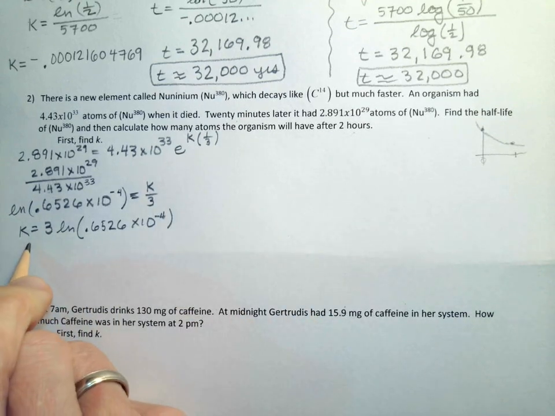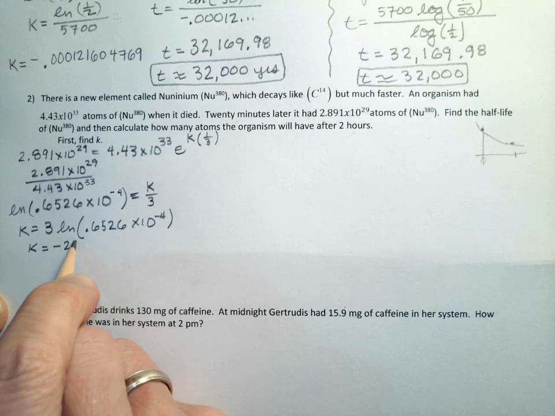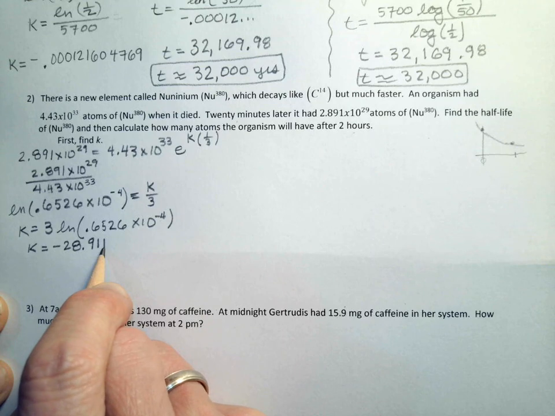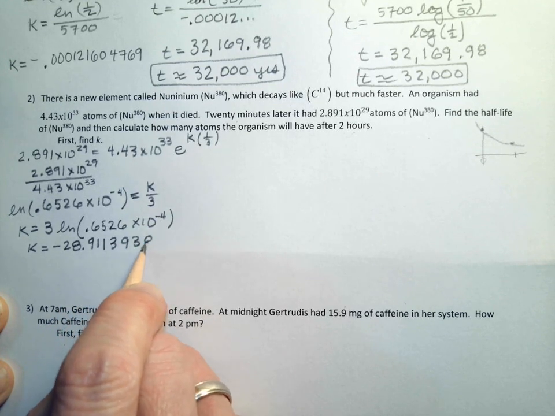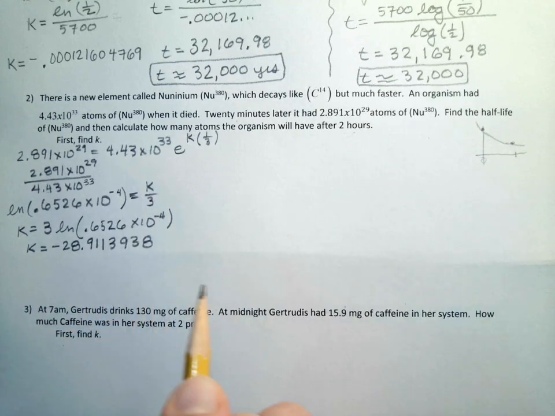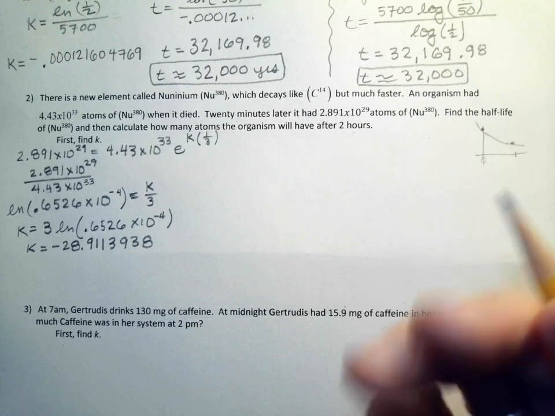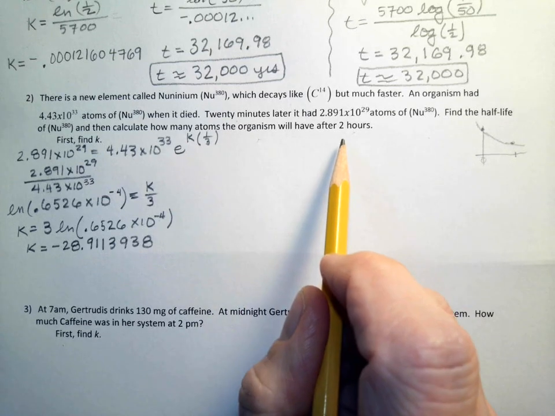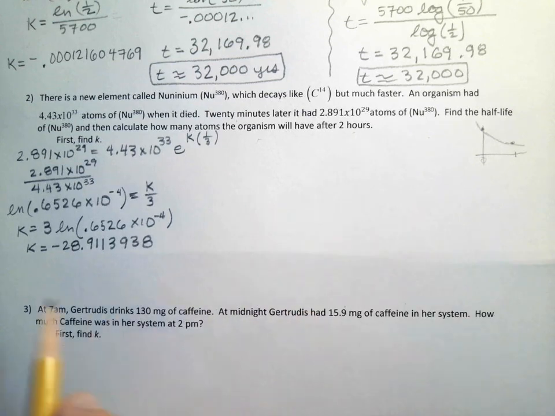So we get a k value of -28.9113938. Again, I'm just using as many decimal places as my calculator will give me. All right, and so now let's figure out how many atoms the organism has 2 hours later.